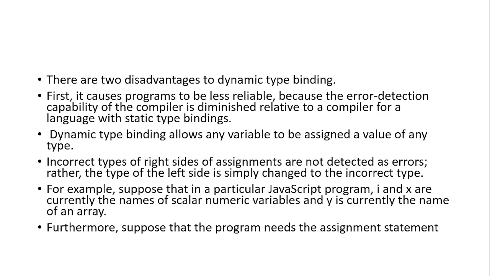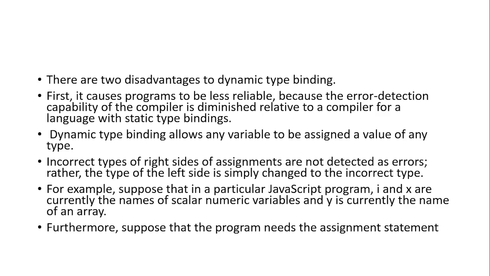Dynamic type binding allows any variable to be assigned a value of any type, which means if some error occurs, it is very difficult to track. Incorrect types on the right sides of assignments are not detected as errors. Rather, the type of the left side is simply changed to the incorrect type.